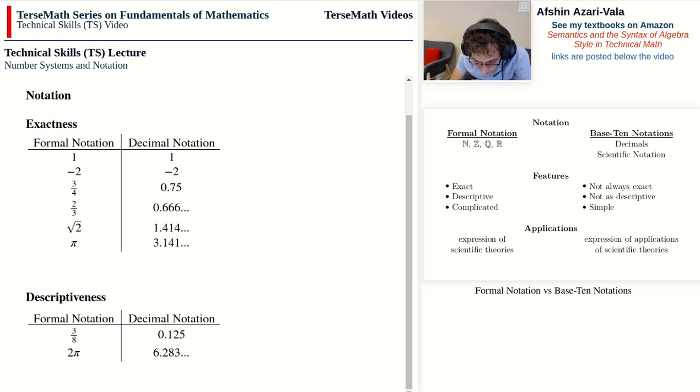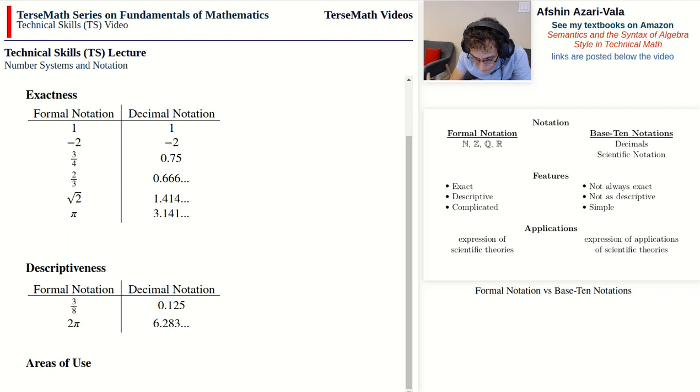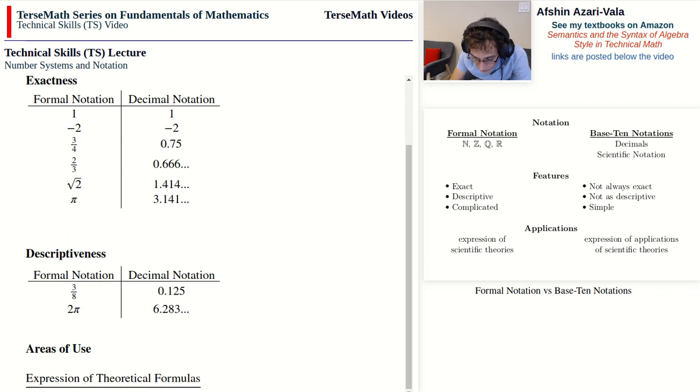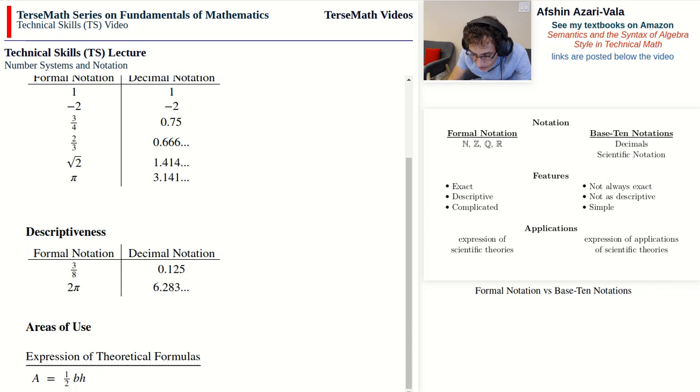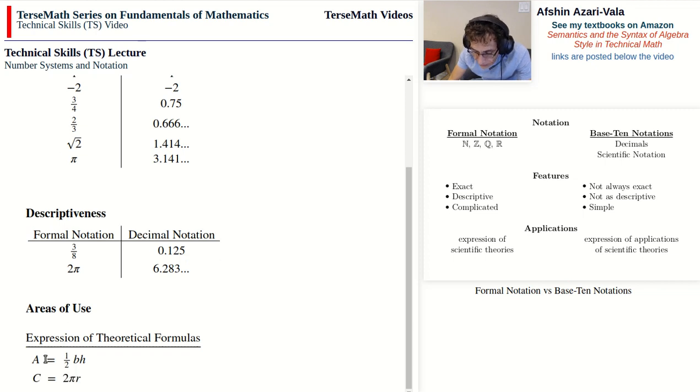Okay, let's now take a look at the next image. Oh yeah, the areas of use. So as I said, in the expression of theoretical formulas, you see the use of the formal notation all the time. The area of a triangle is half times the base times the height. You see the use of the formal notation.